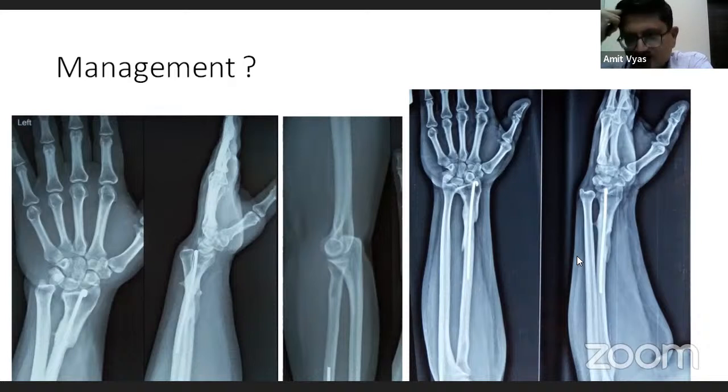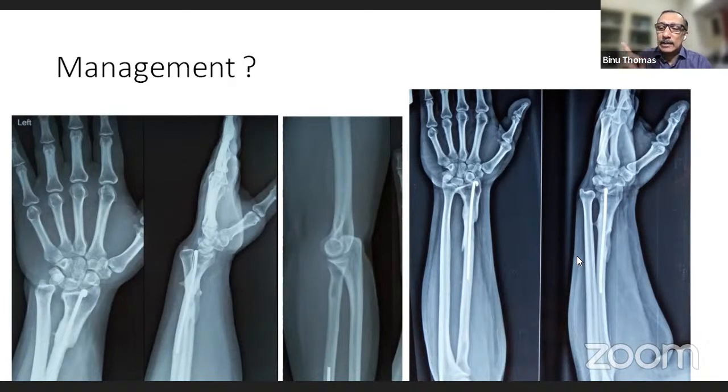Binu, sir, or someone? Okay. If I am critiquing it, this fixation is actually inadequate, in the sense that we would definitely go for a plate fixation in these situations, to provide a stable anatomical reduction. Now, an intramedullary nail is just like a wiper effect.